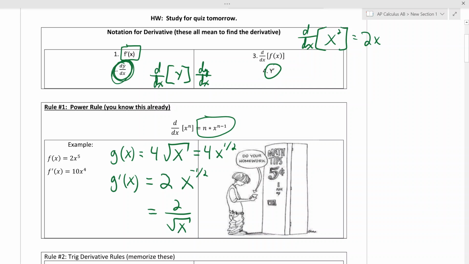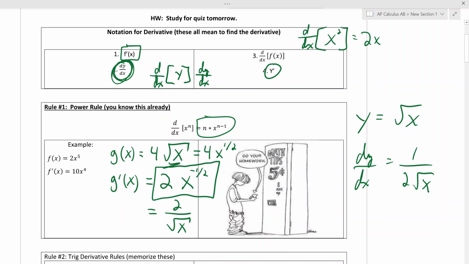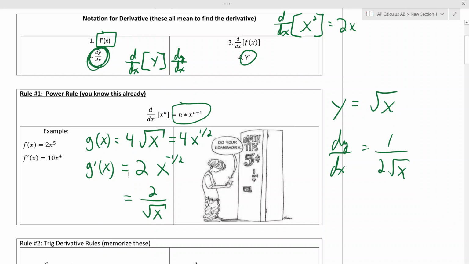And again, I really think you should just memorize that if y is root x, then the derivative of it is 1 over 2 root x. We see square roots enough that you just memorize that little rule. I just find this intermediate step where kids write the exponent sometimes adds a little bit of trouble because they end up messing something up in there somehow, which seems weird because you're writing more. But either way, we got that going on.